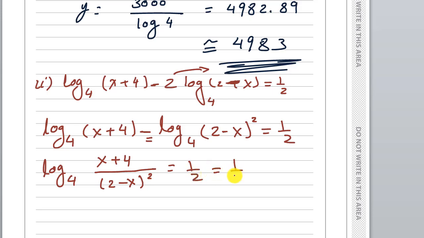This half, I can write as half log base 4 of 4, because log base 4 of 4 is equal to 1. So it's equal to log base 4 of 4 power half.